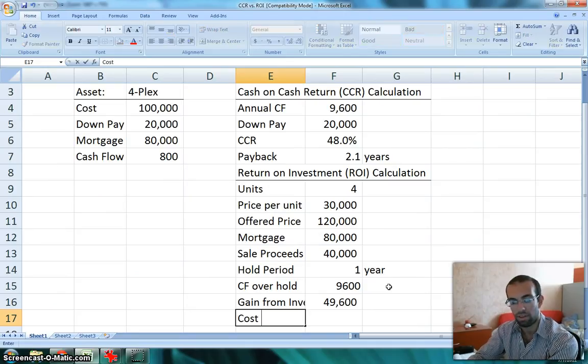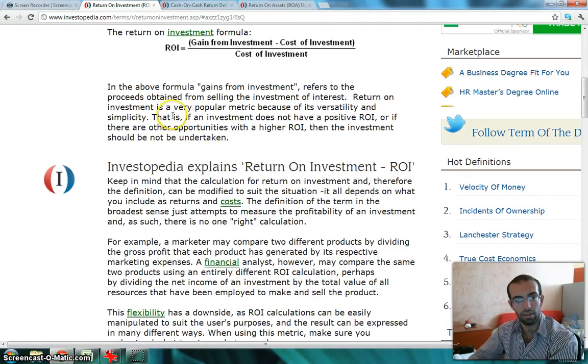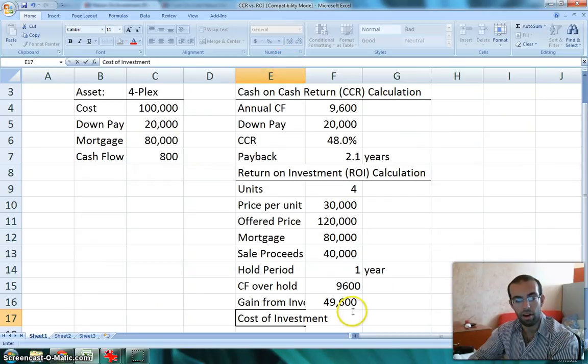And the cost of investment, let's put cost of investment, because that's what Wikipedia had here. Our cost was essentially the down payment.